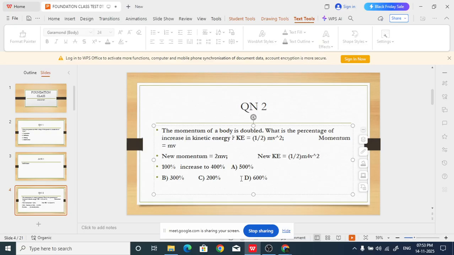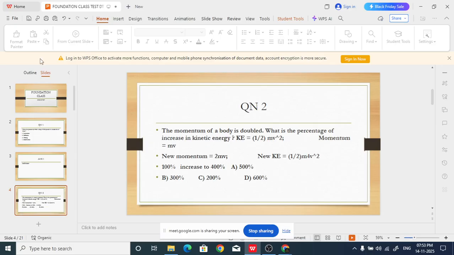One idli, sir. What is the percentage decrease? From four it has become three. 4 minus 3 by 100, sir?